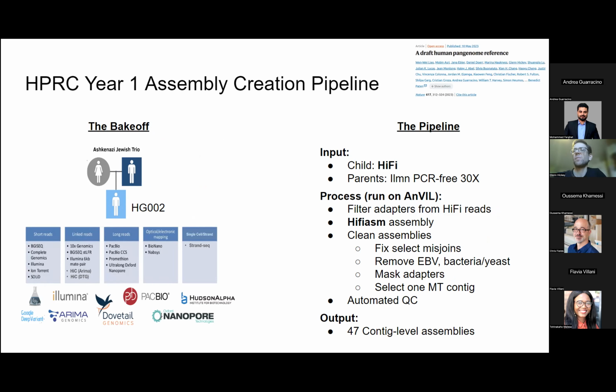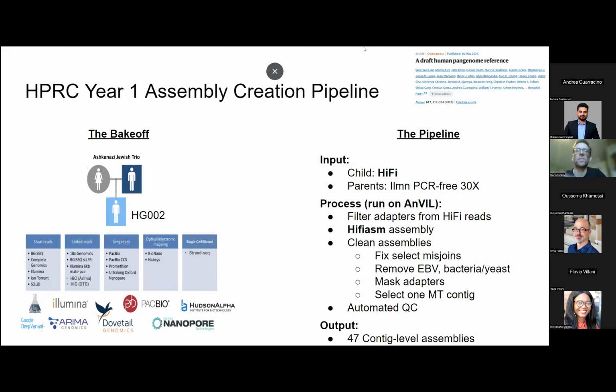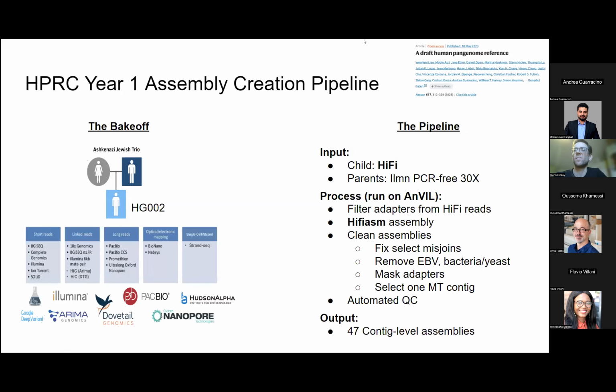Each sample came from a trio, so we had Illumina reads from their parents. They were assembled with HiFi-ASM, which was able to use the parental reads to phase the assemblies, basically. And the output of all this, after much deliberation, was 47 high quality diploid phased assemblies.